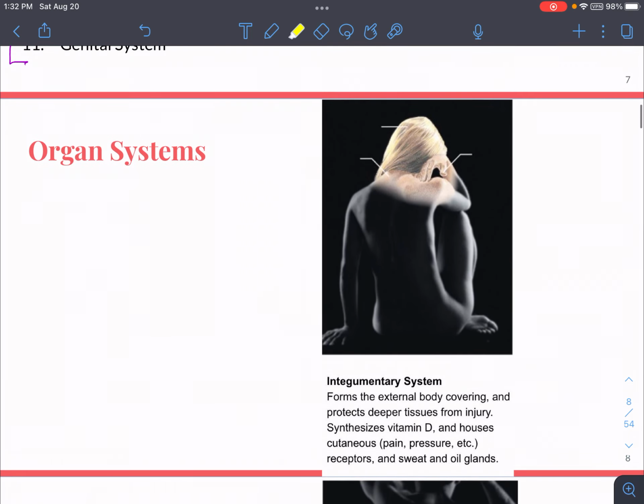So we have what's called our integumentary system. Our integumentary system is our skin, our hair, our nails. They all make up the integumentary system. Some of the cool things that our skin does is it synthesizes, or makes, vitamin D. All it takes is 20 minutes outside in the sun.